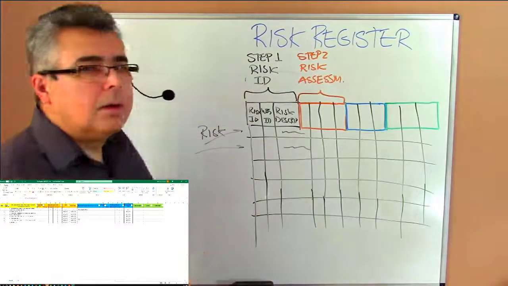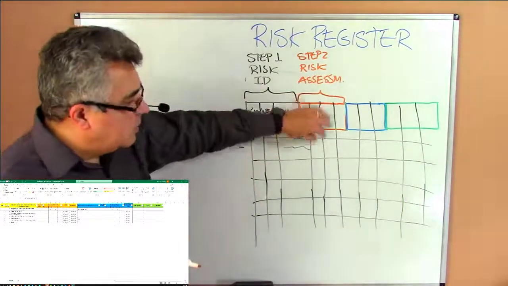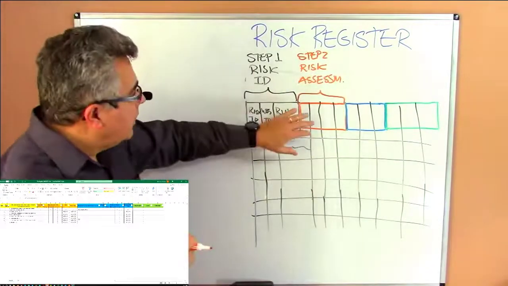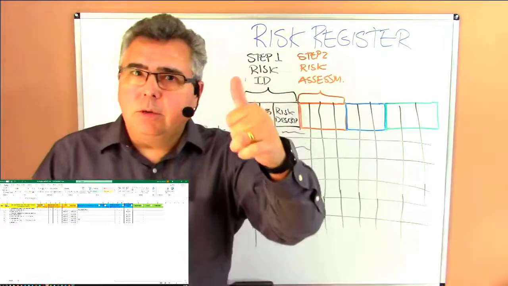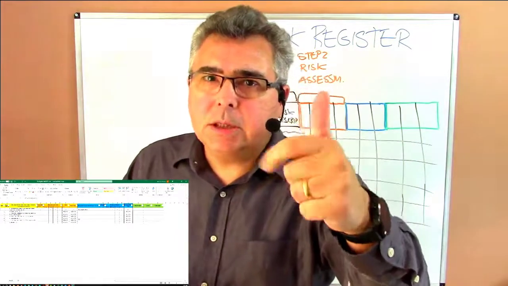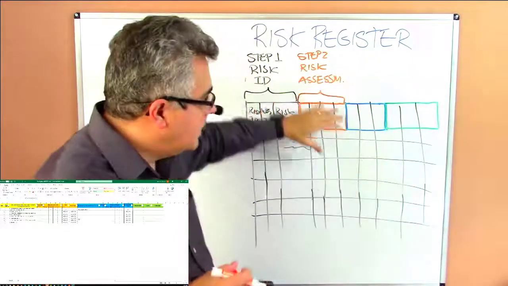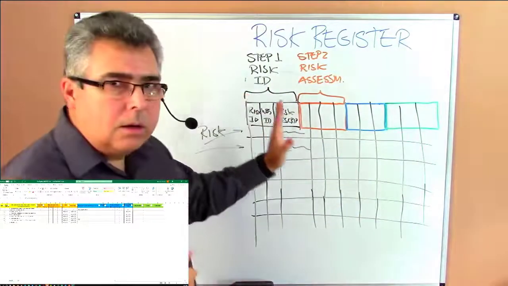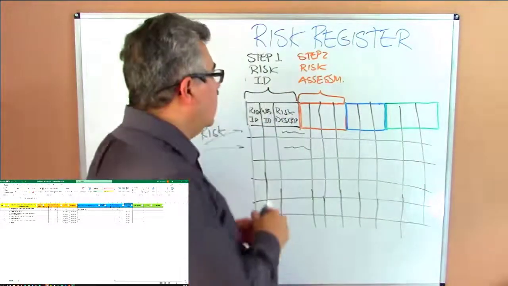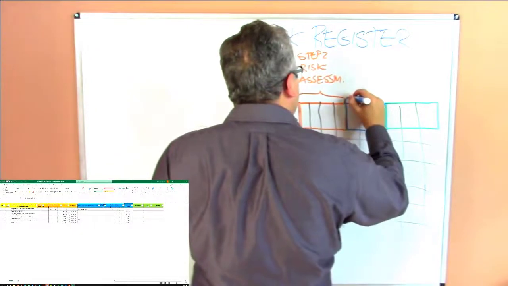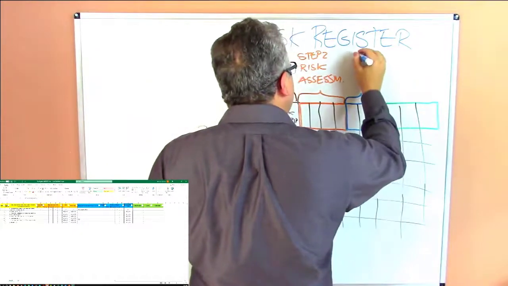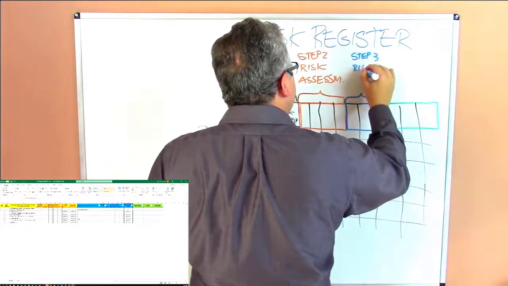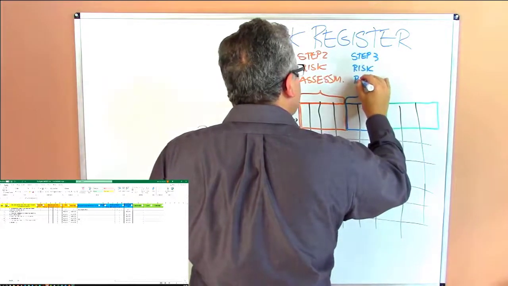Here we use those fields in the table to give a numeric score for probability and impact. That's the second part. Those are what we have seen so far. You have a third area that we will be seeing today, step 3, what we call risk response.